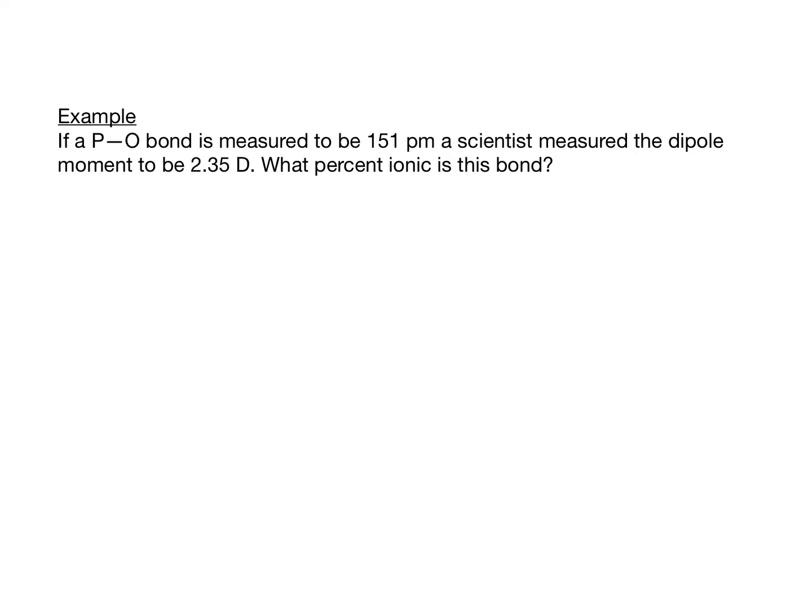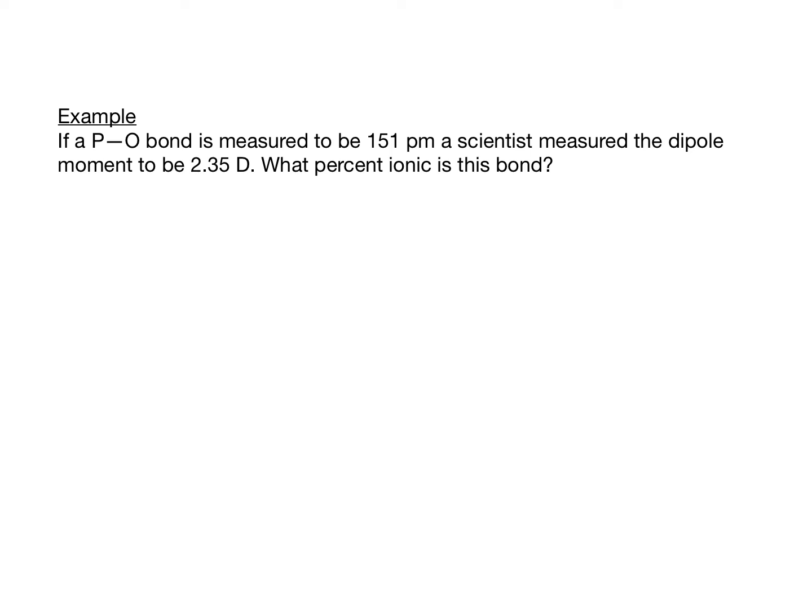So let's look at an example problem. If the PO bond is measured to be 151 picometers, and the scientist measures the dipole to be 2.35, what percent ionic is this bond? Percent ionic is the measured value divided by the calculated value.